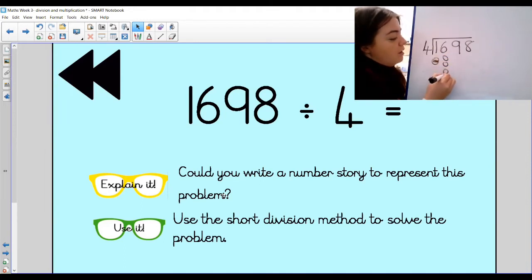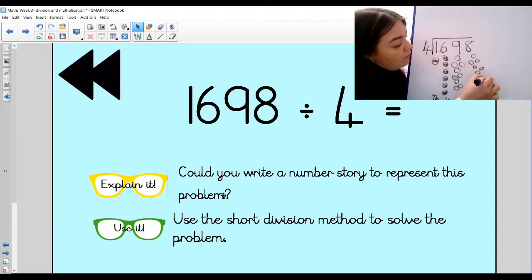1, 2, 3, 4, 5, 6 hundreds. And remember that these are really important that they stay in their columns. 1, 2, 3, 4, 5, 6, 7, 8, 9, and 1, 2, 3, 4, 5, 6, 7.